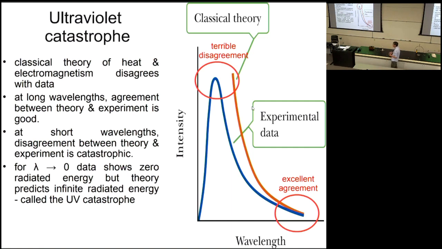So why was this catastrophe a catastrophe, first of all, and why was it an ultraviolet catastrophe? That's like making it even more of a catastrophe. Let's just make it an ultraviolet one. So here, this slide is about the classical theory of black body radiation versus the experimental observation of black body radiation.